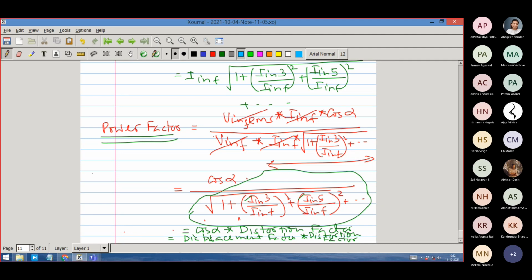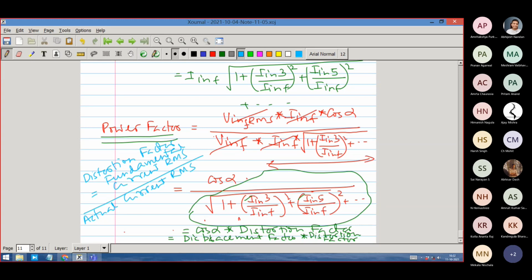So distortion factor is equal to fundamental current RMS divided by actual current RMS.